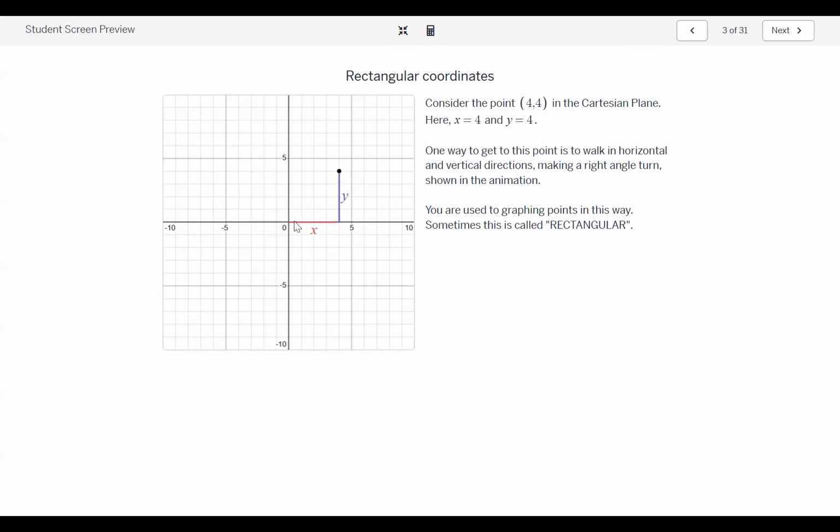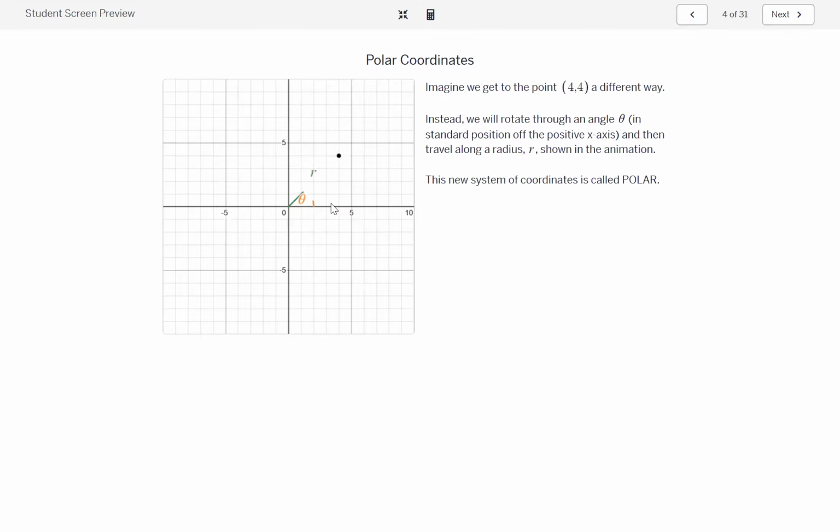But if I was actually going to move to that point, the shortest distance possible, I'd turn 45 degrees and then I'd just walk that distance out to that location. And that is how polar coordinates work.